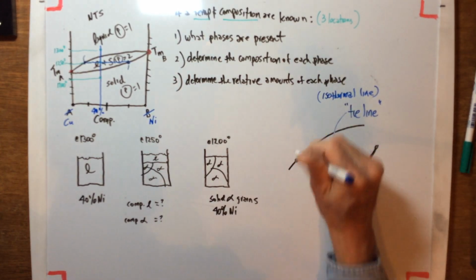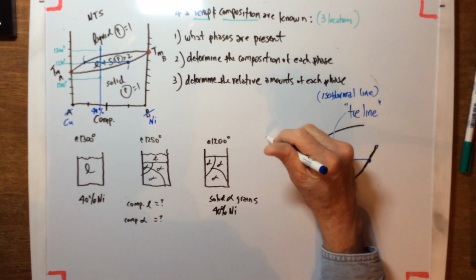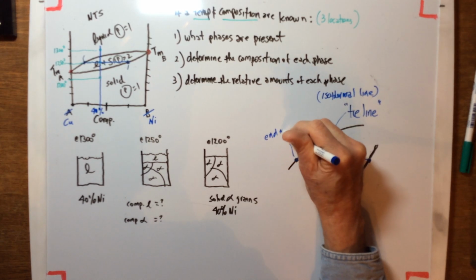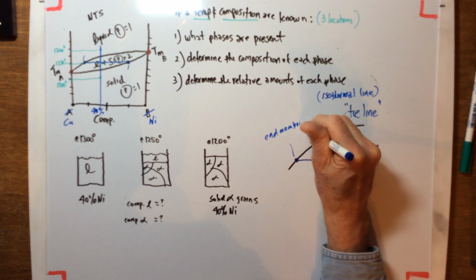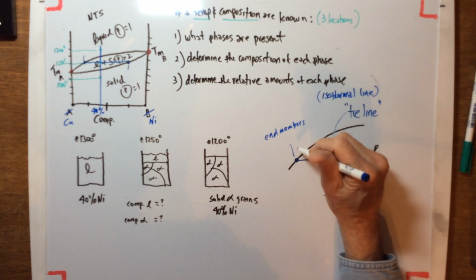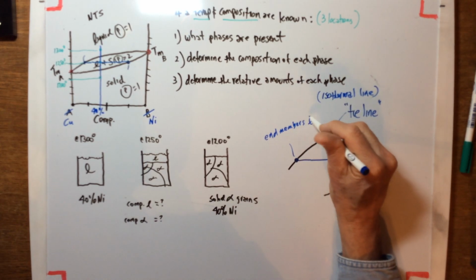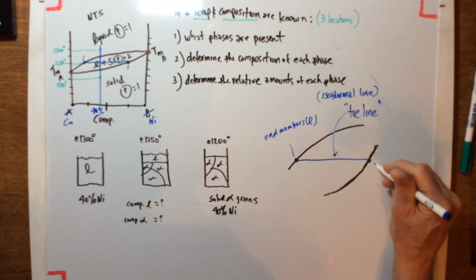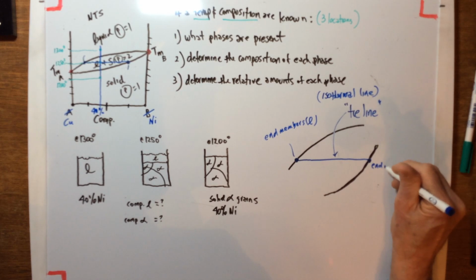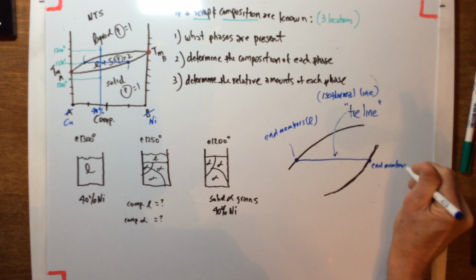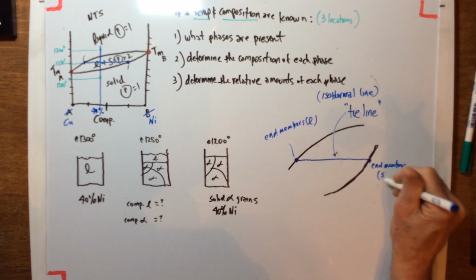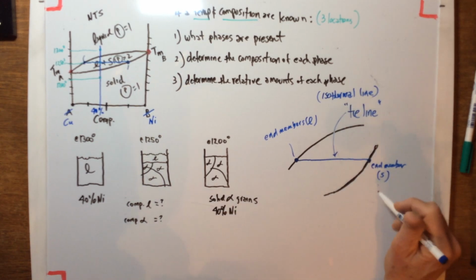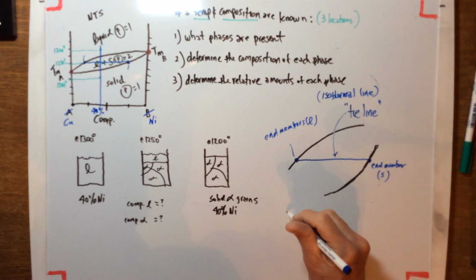All right, now it defines two end members. We're going to have one on the liquidus side, and we're going to have another end member on the solid side.